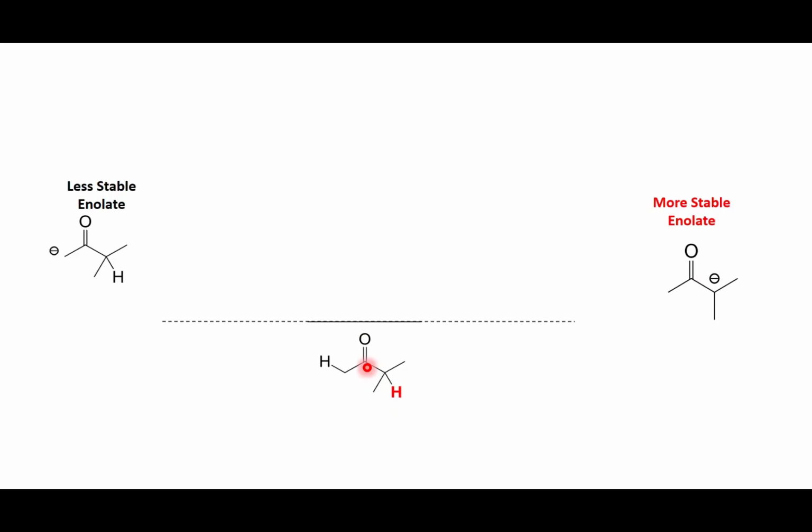So what we can do is plot energies. Moving over to the left, we have a reaction energy profile, an energy curve, coming over to form our less stable enolate. Since this forms faster, we're going to call it the kinetic enolate. And we said that forms faster because that H is more accessible. We'll see there are other reasons why in just a second too.